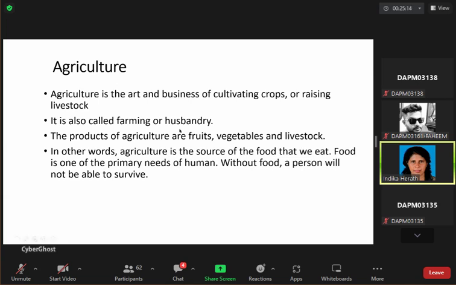Especially for livestock, it is called farming or animal husbandry, right? Since the livestock component involves animals, people generally use animal husbandry. That is the way of talking about these industries, right?